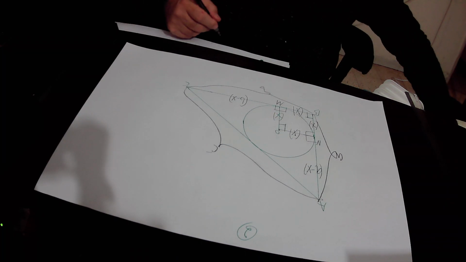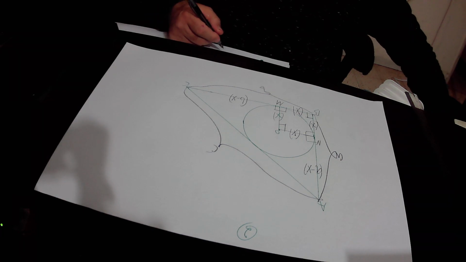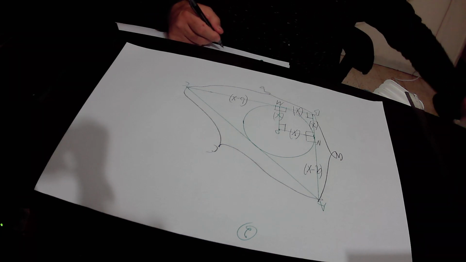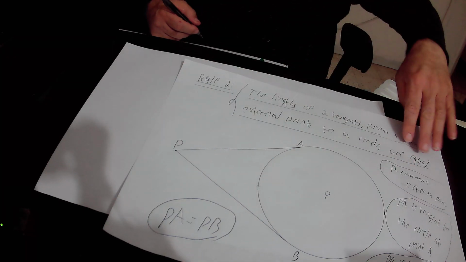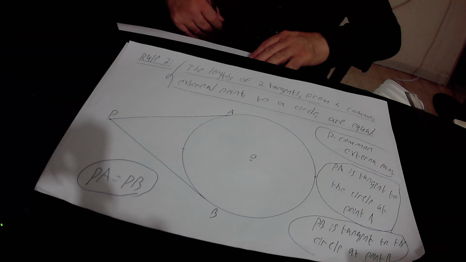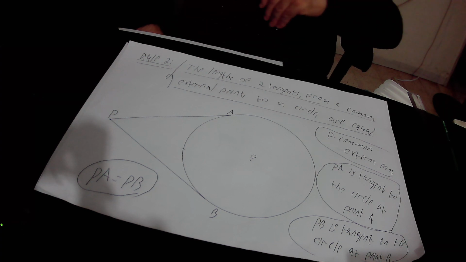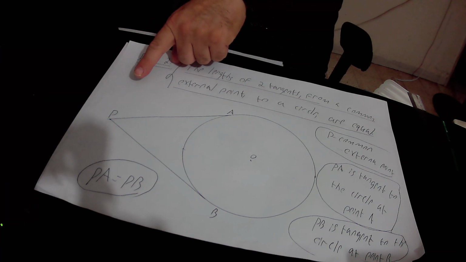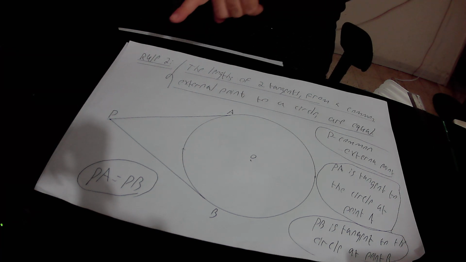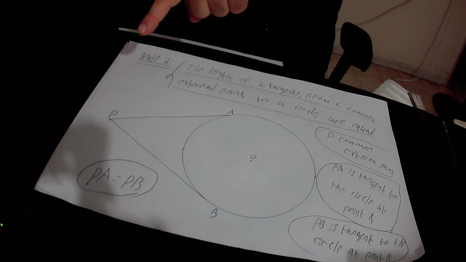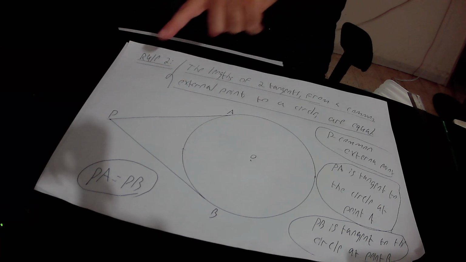So here we have rule number 2. According to rule number 2, the lengths of two tangents from a common external point to a circle are equal. We have here the common external point, point P. From point P, we have two tangents to the circle, tangent PA and tangent PB.